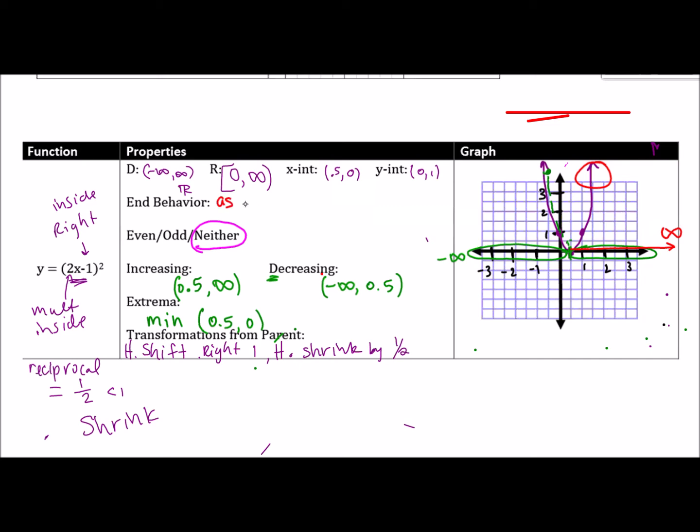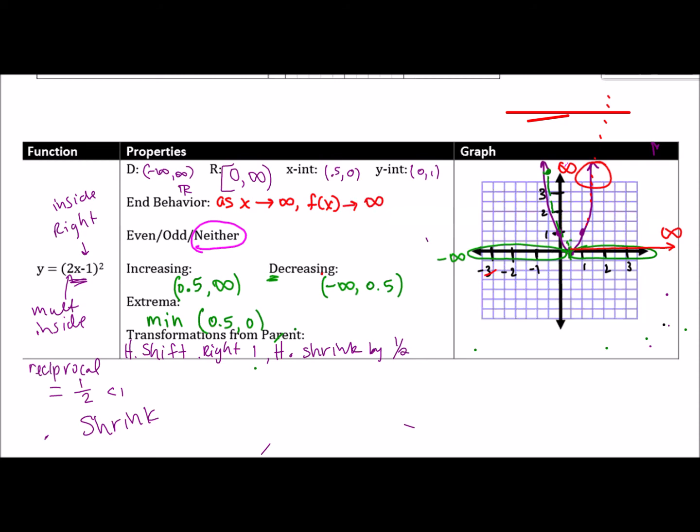sentence with as x goes to positive infinity, comma, f of x goes to, now f of x is the same thing as y. So on this side of the graph, what is y doing? Well, it's going up here to positive infinity. So that is what your f of x is doing.